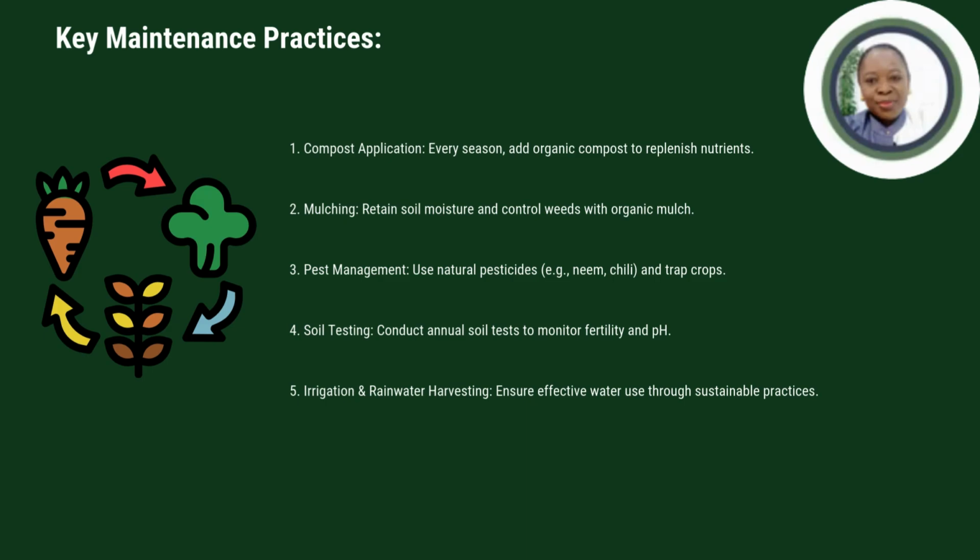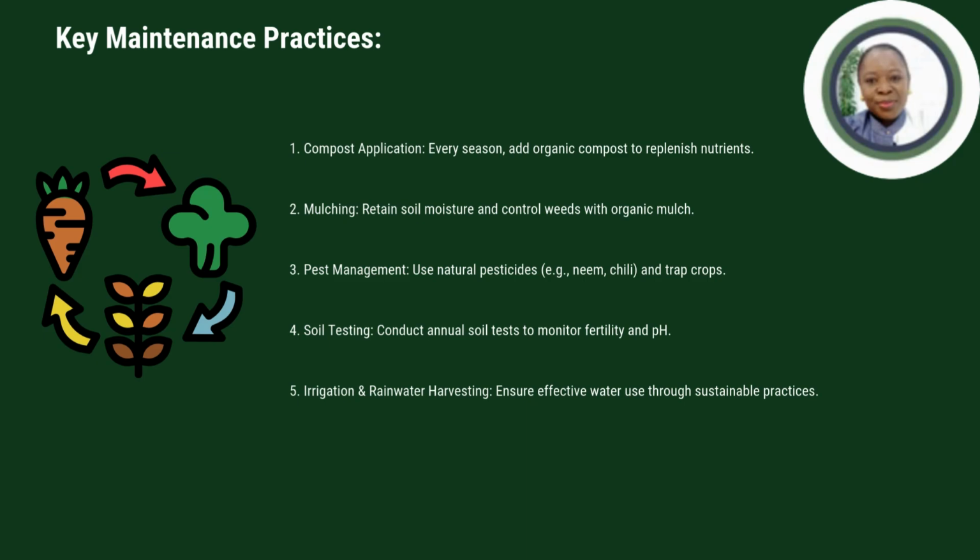Key maintenance practices. 1. Compost application. For every season, add organic compost to replenish nutrients. 2. Mulching. Retain soil moisture and control weeds with organic mulch. 3. Pest management.